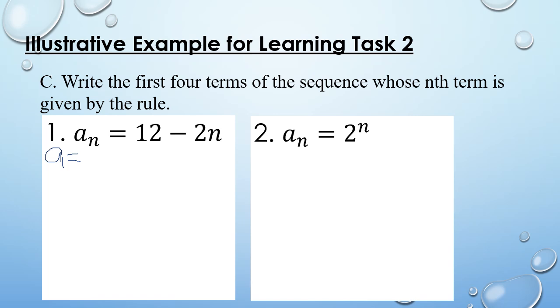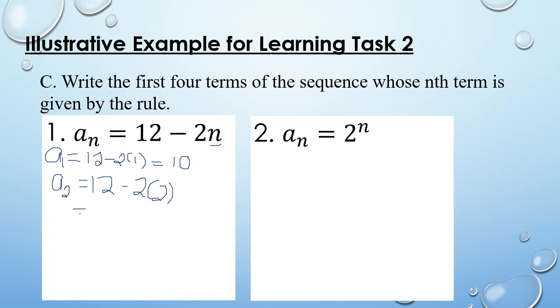So a sub n is equal to 12 minus 2 times, replace n with 1, times 1 is equal to 12 minus 2 times 1 is 10. Okay, a sub 2 is equal to 12 minus 2 times, our n now becomes 2.